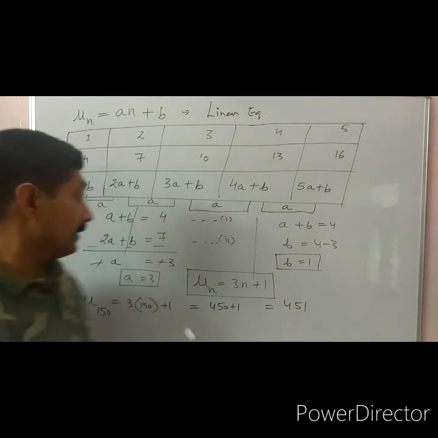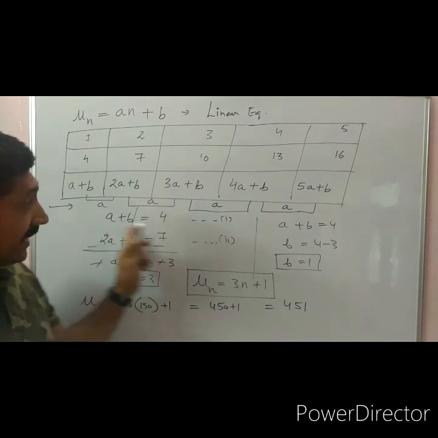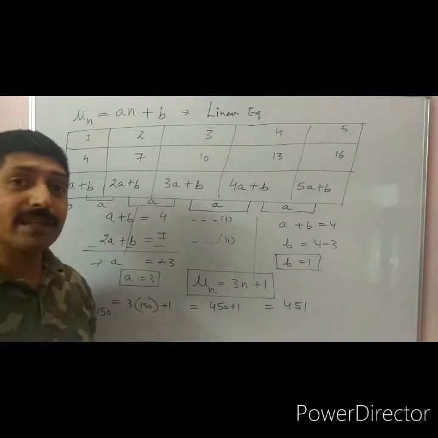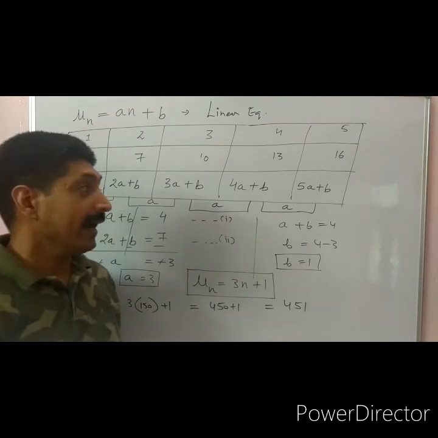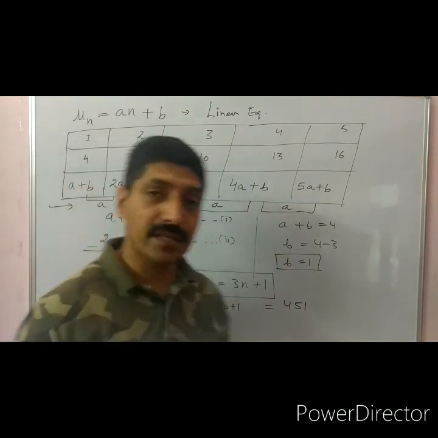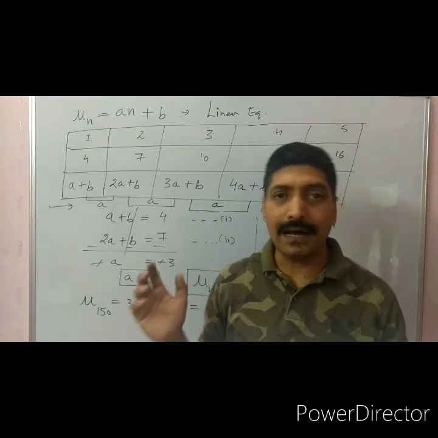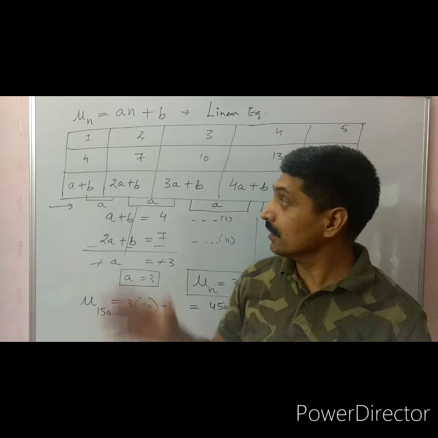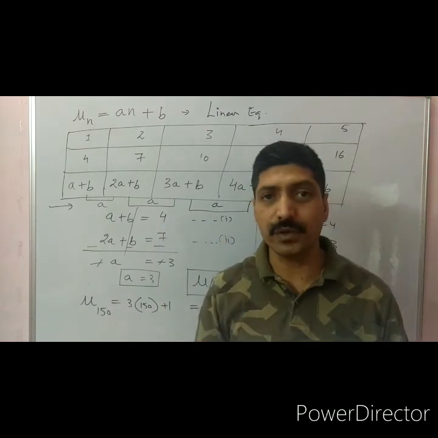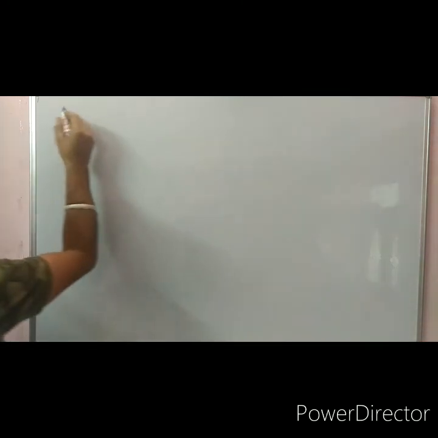And if the second difference is not the same, then we will go for the third difference, and if the third difference is the same, then we will apply the rule for these complex sequences. Sequence with the quadratic rule.